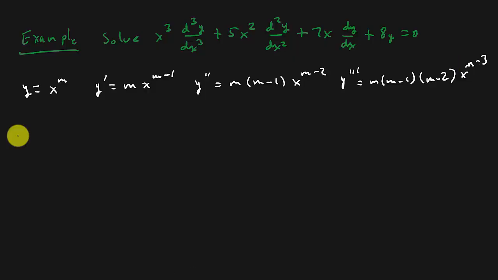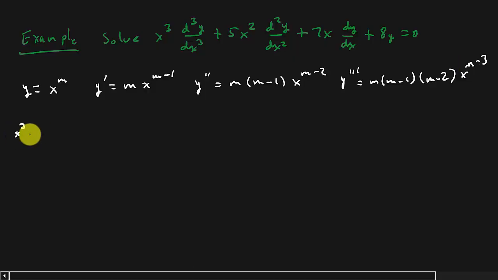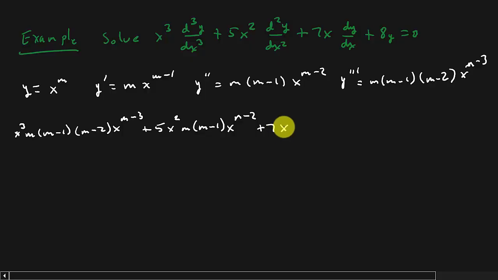So I get x cubed m minus 1 m minus 2 x to the m minus 3 plus 5 x squared m times m minus 1 times x to the m minus 2 plus 7x times m x to the m minus 1 plus 8x to the m, and that equals 0.